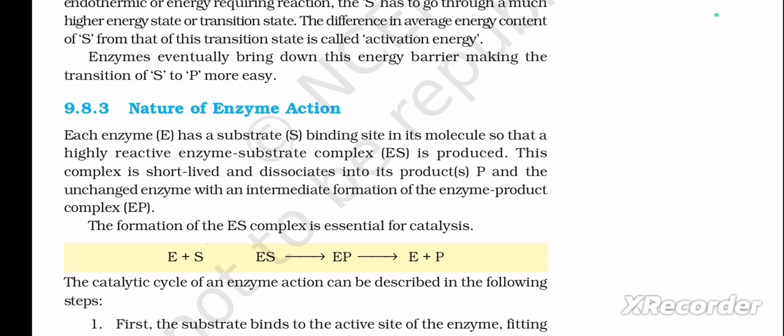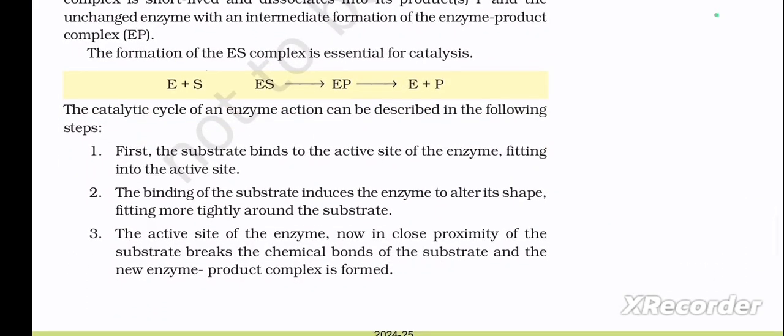This complex is short-lived and dissociates into its products P and the unchanged enzyme with an intermediate formation of the enzyme product complex EP. The formation of the ES complex is essential for catalysis. E plus S gives ES, which gives rise to EP, which gives rise to E plus P.